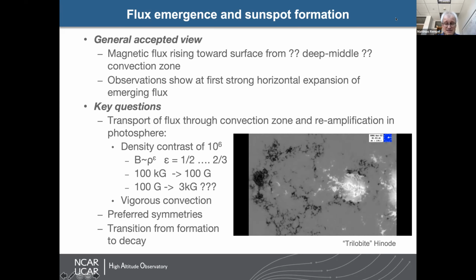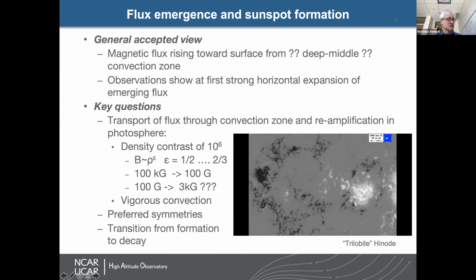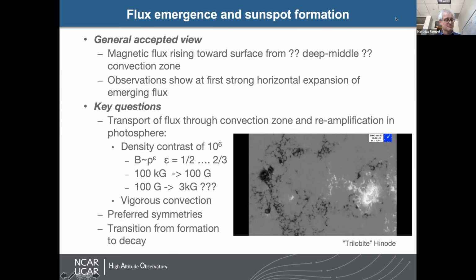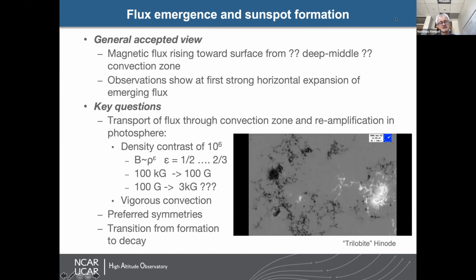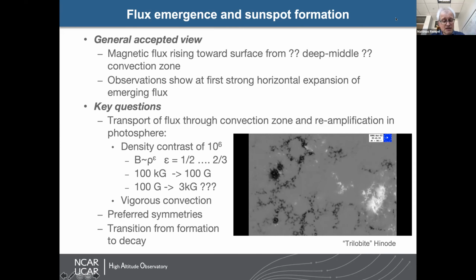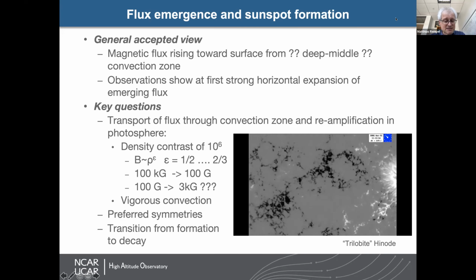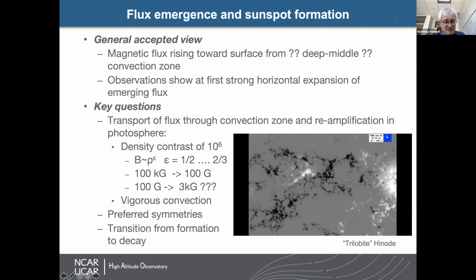What this means is, even if you start with very strong fields, something like 100 kilogauss, which is the strongest or near the strongest that people normally assume is present at the base of the convection zone, you end up with 100 Gauss in the photosphere. So in order to form sunspots, you have to find some process to re-amplify that.